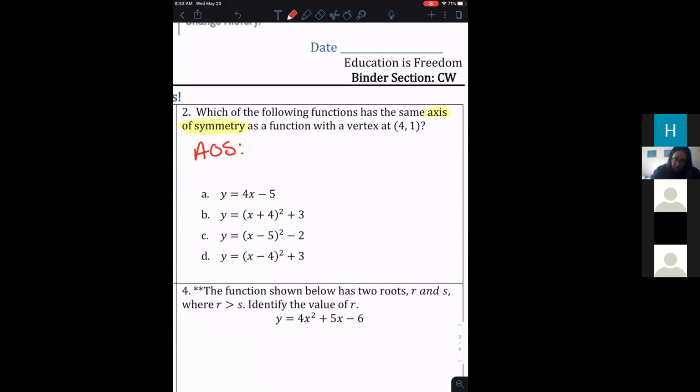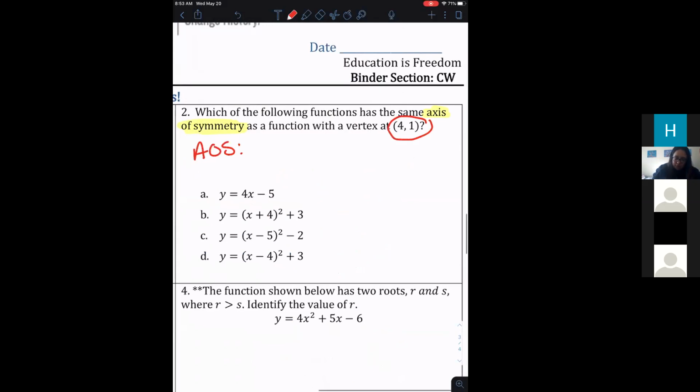D, okay. So let's talk about what we have here. If the vertex is at (4, 1), what's the axis of symmetry? X equals 4. Beautiful, x is 4. Good, so that means we're looking for a function that also has that, and you said it was D. Why not B?